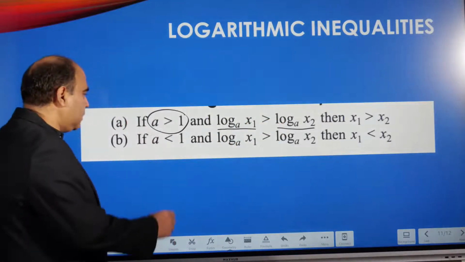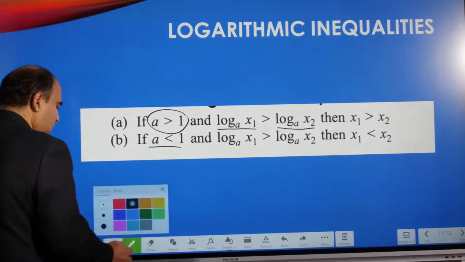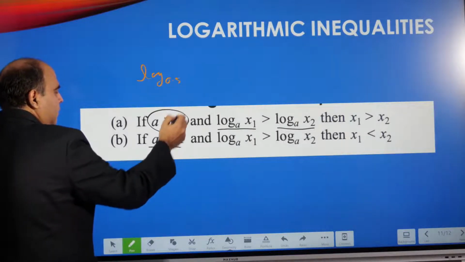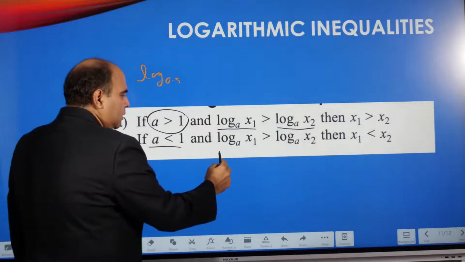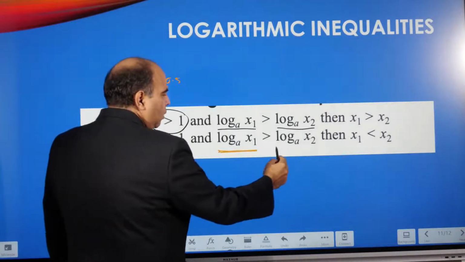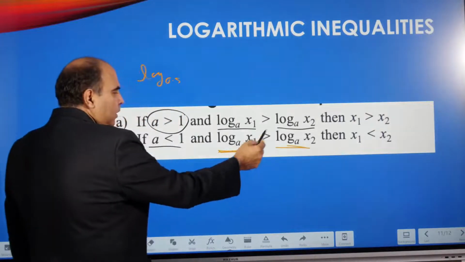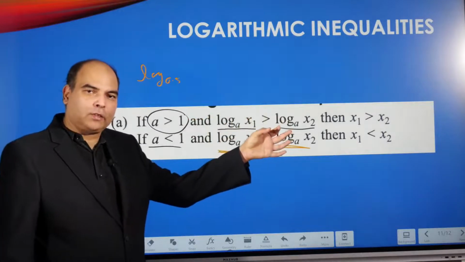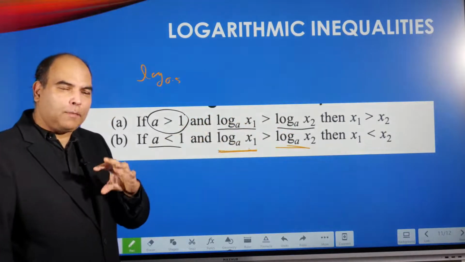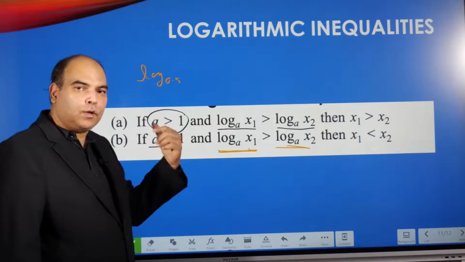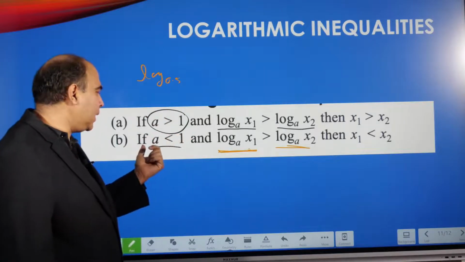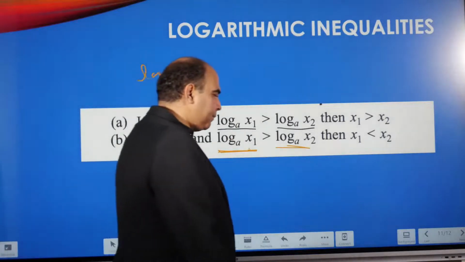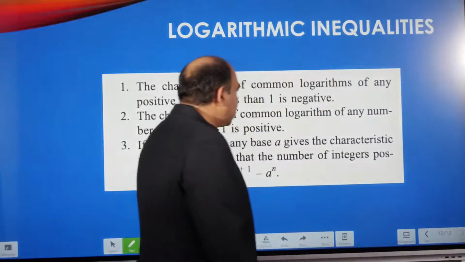But if A is less than 1, let's say a log to the base 0.5, in that situation this reverses. If log x1 is greater than log x2, then x1 will be smaller than x2. Normally if log x1 is greater than log x2, then x1 is greater than x2, because most of the time you're dealing with bases which are more than 1. But when you're dealing with a base which is less than 1, the inequality reverses. And a couple of implications of this.